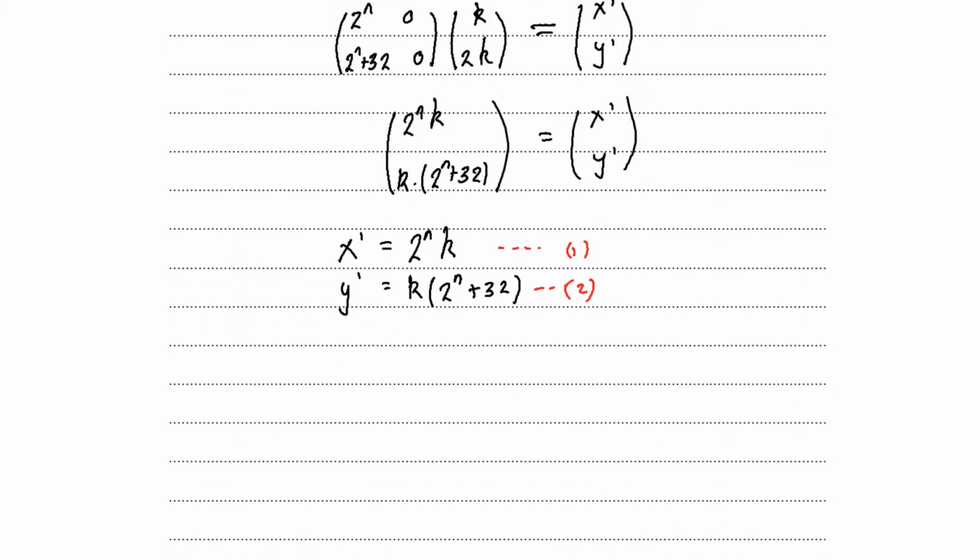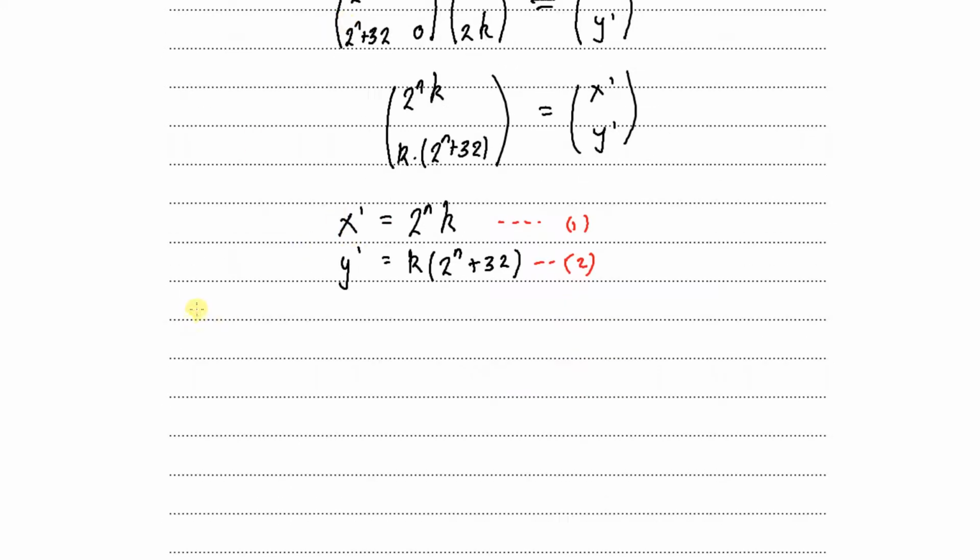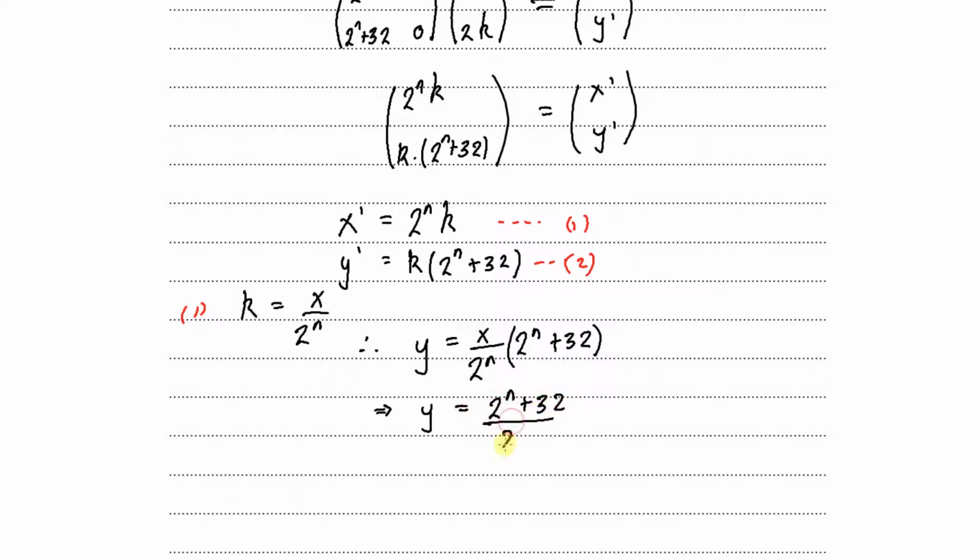So we can say here for equation 1, k is equal to x over 2 to the power of n. And we substitute that into the second equation. Therefore, y comes out as x over 2 to the power of n of 2 to the power of n plus 32. So the new transformed equation is y is equal to 2 to the power of n plus 32 over 2 to the power of n all of x.